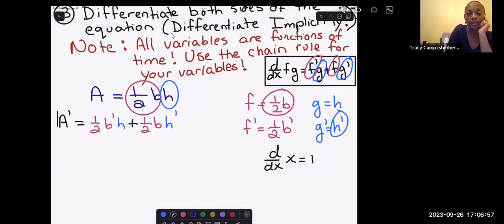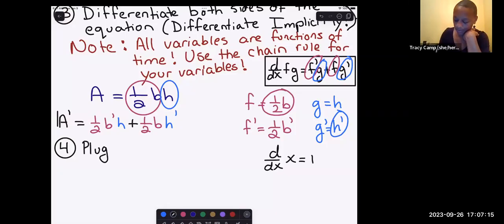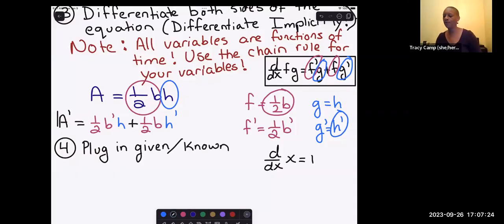So now we're going to do the last step. You might have noticed I skipped over a bunch of stuff when I was reading through the problem. So now we're going to go back to the stuff that I skipped over. And basically, we're going to plug in the given values and known values. In this case, I think all of the values are given to us, but sometimes a value, even though it's not given to us, we can find out what it is.